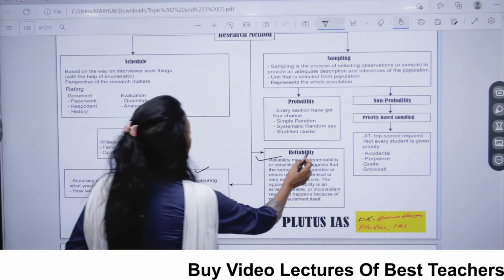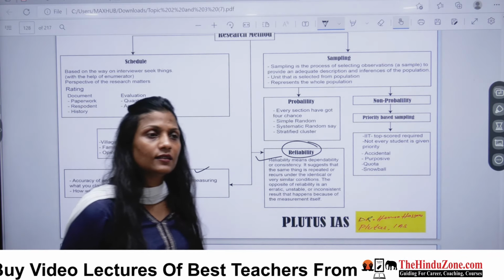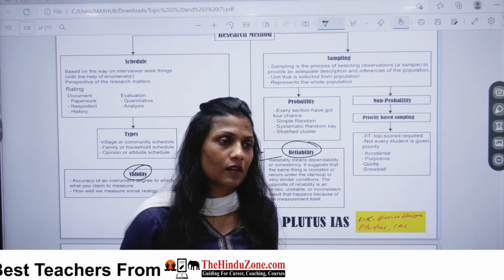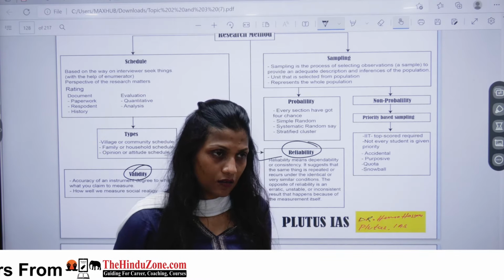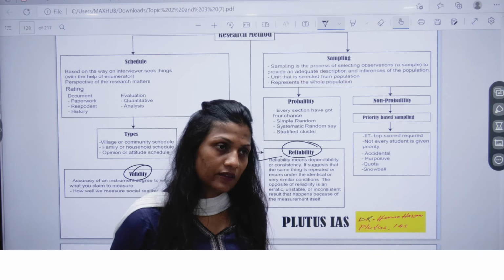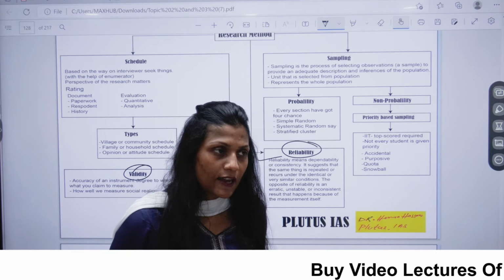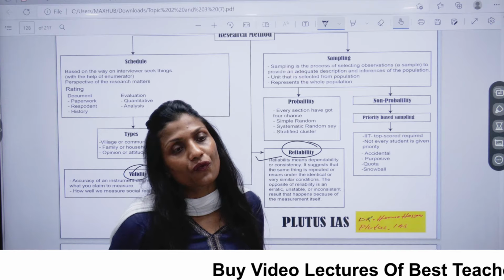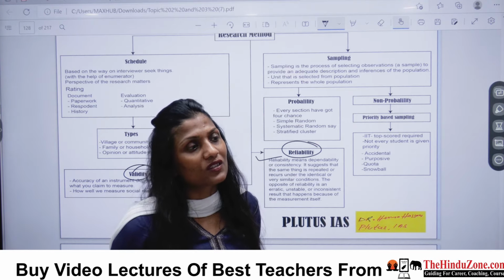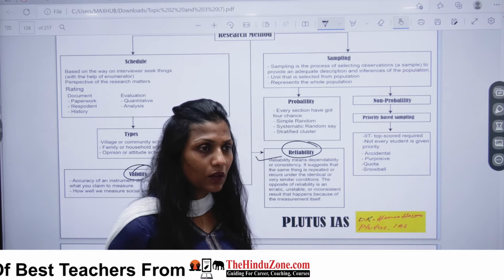So how can we see that our research is reliable and valid? If whatsoever research we have conducted, if we are able to find the similar results from the procedures which we have applied, that would come as reliable.